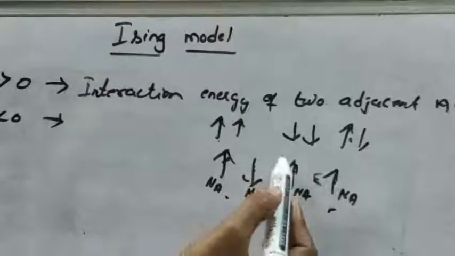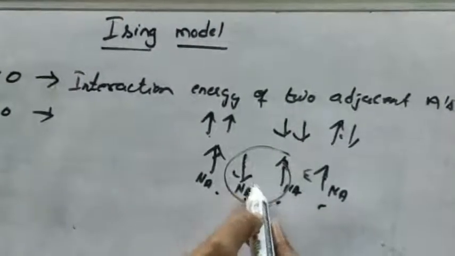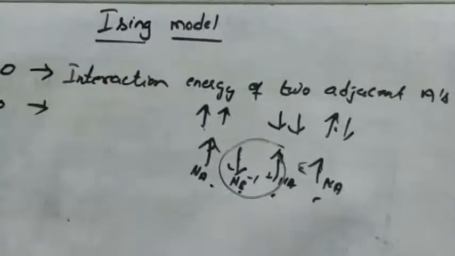If you consider one up and one down, the energy cancels because one has down spin and the other has up spin.